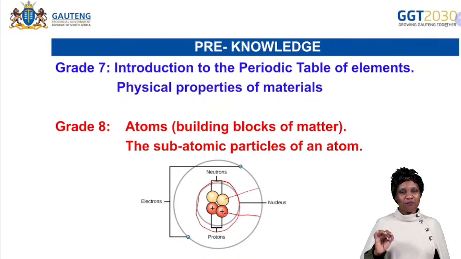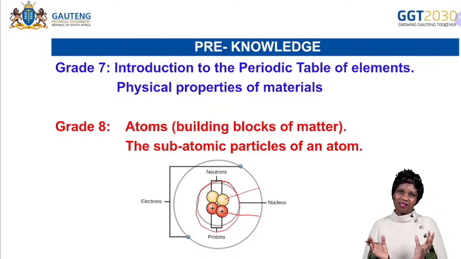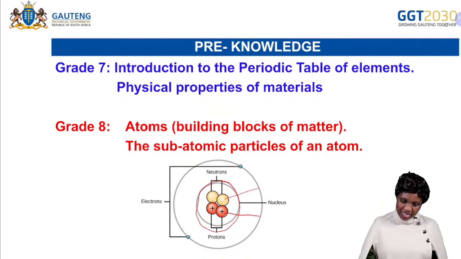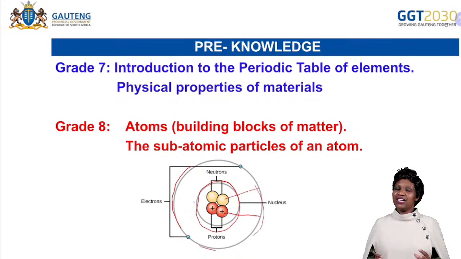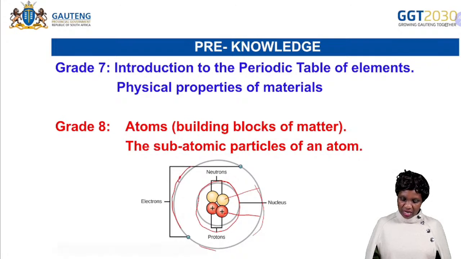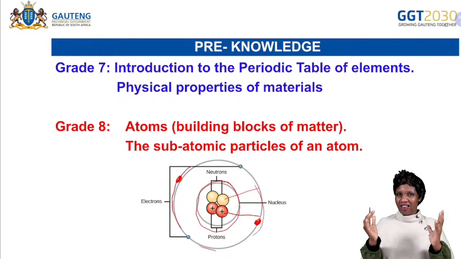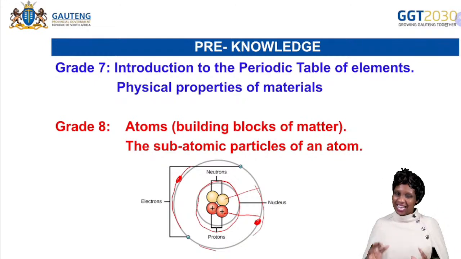And then from the nucleus, we've got the first energy level. What we call the first energy level is actually the first shell. It holds 2 electrons. If we put one here and one here, it holds up to 2 electrons. And then we'll have another shell. This is the second energy level.